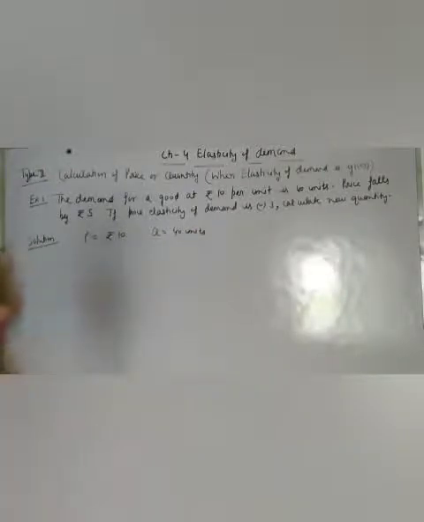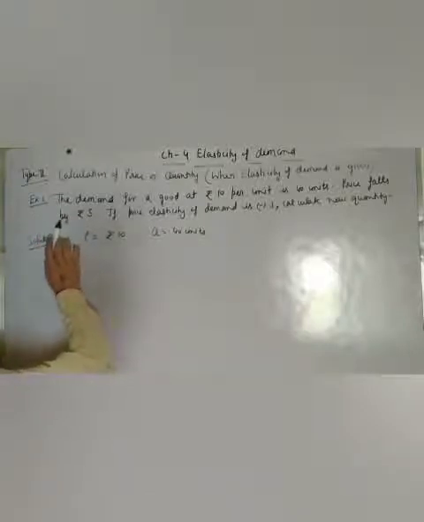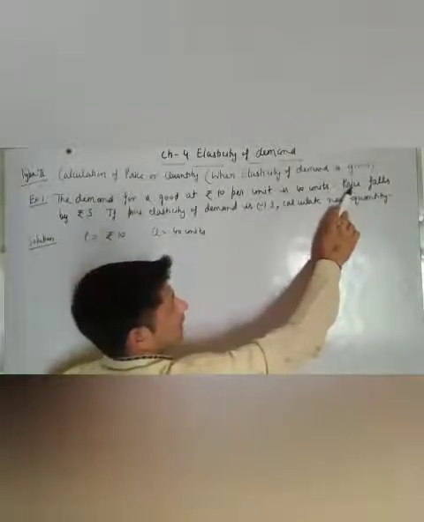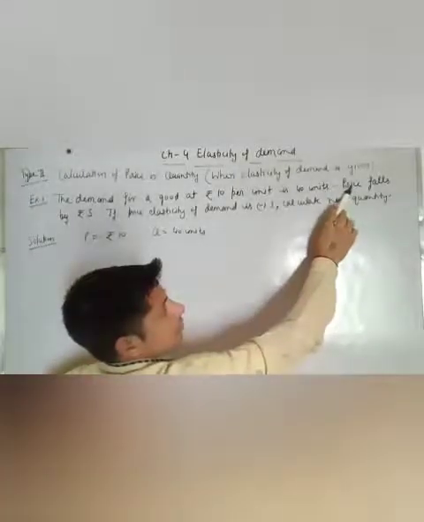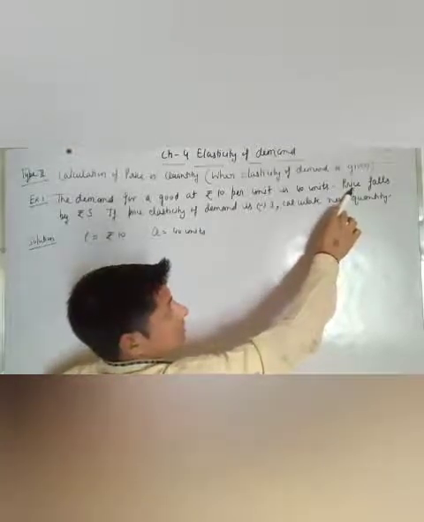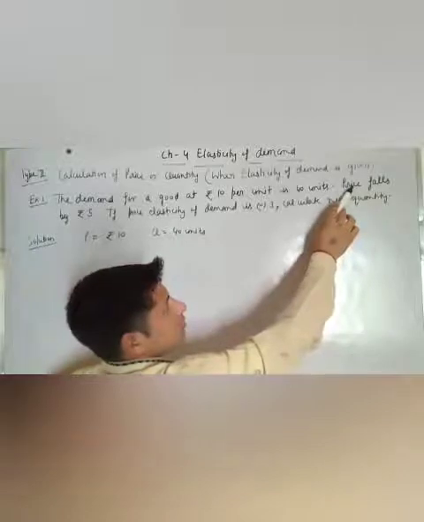See, price falls by. Here "by" represents delta, but see here price, so delta P, because information is given about the price.